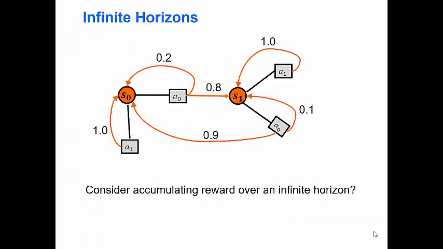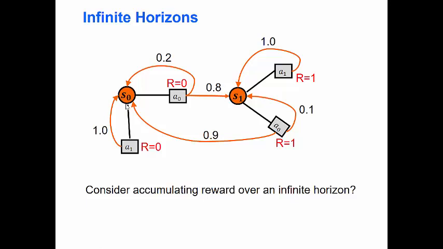So here we see we've got a very simple MDP, and I'm not showing you any rewards yet. But what if we have this reward function? What's going to happen here? So if we're in state 0, taking A1 in state 0, if that was your policy, you would just get 0 reward, right?